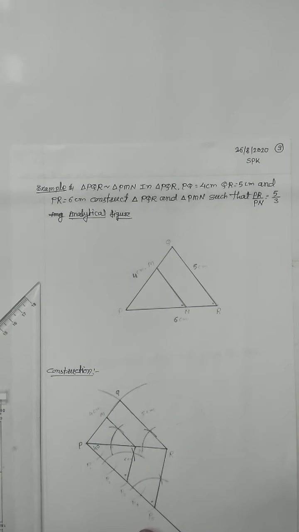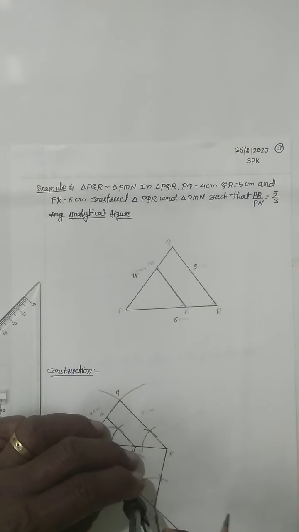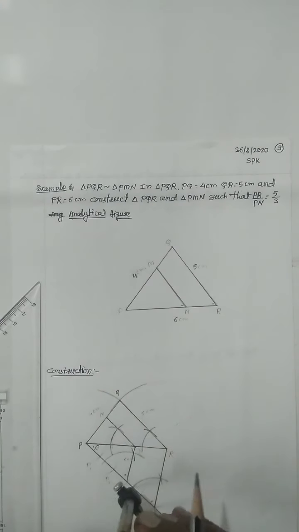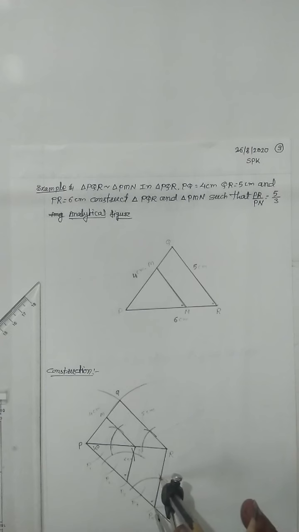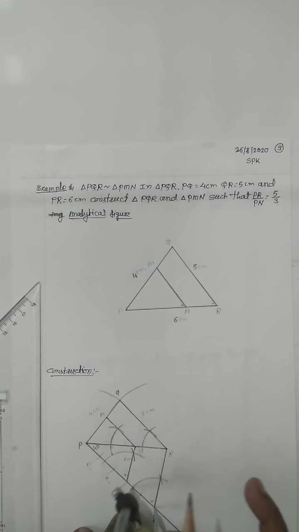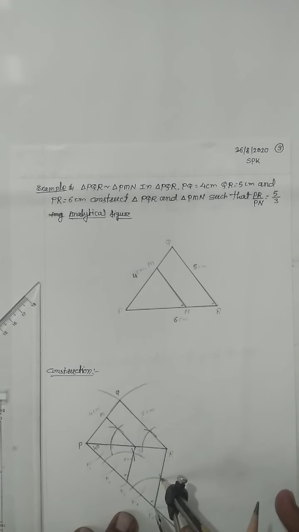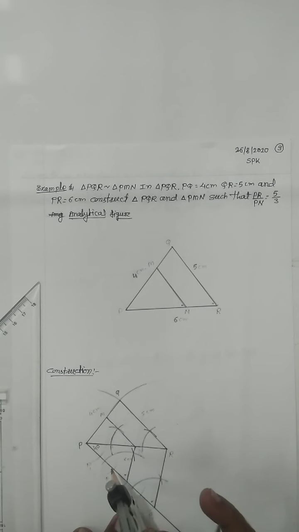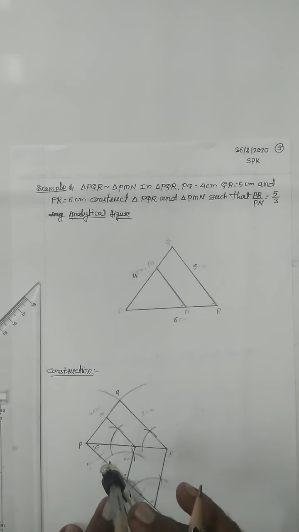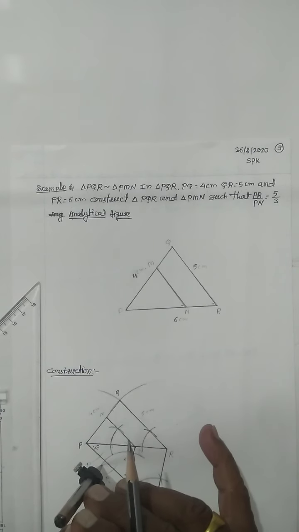For that take a distance between two terminals of the compass and draw the arc. This arc intersects the two sides of this angle. Then put this distance as it is. Put one terminal at point P3 and draw the arc.